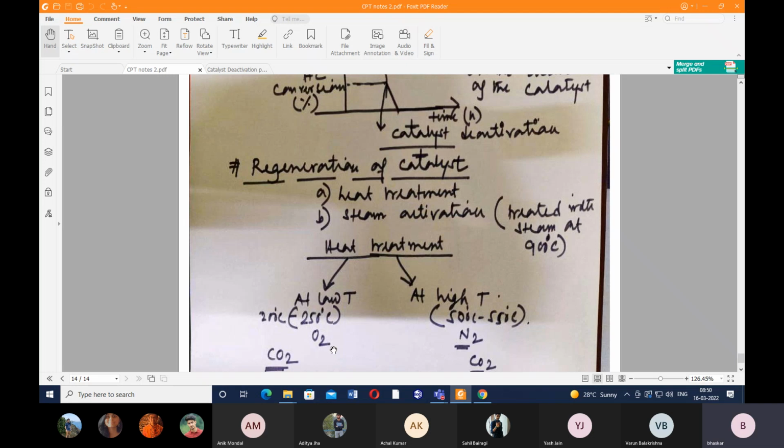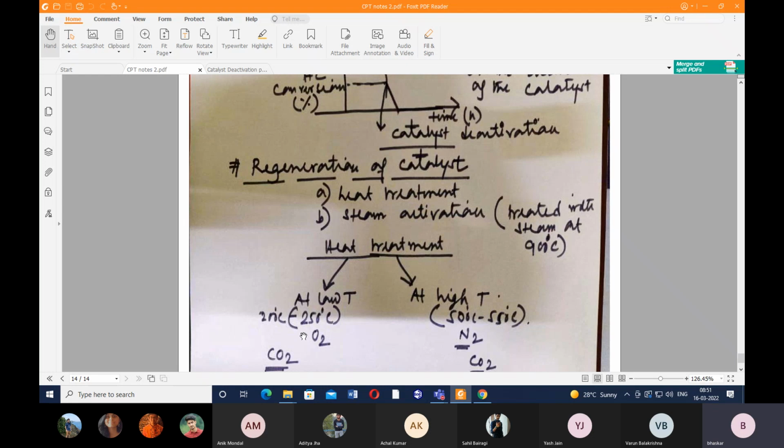As a result, whatever carbon particles you have got deposited over the catalyst surface sites will be removed in the form of carbon monoxide plus carbon dioxide. But here we are assuming that we have got complete removal of carbon, so complete combustion of carbon. So we'll think that we have got carbon dioxide formation, but this can easily be detected with the gas chromatography unit.